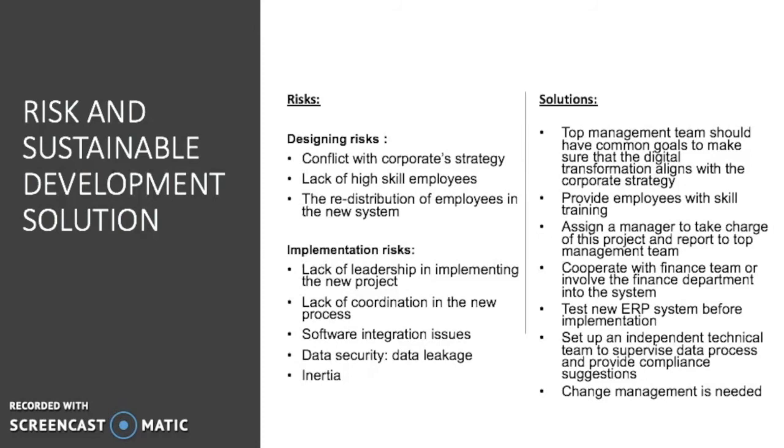Third, assign a manager to take charge of this project and report directly to the top management team. Fourth, cooperate with the finance team or involve the finance department in the system. Fifth, test the new ERP system before implementation. Sixth, set up an independent technical team to supervise data processing and provide compliance suggestions.